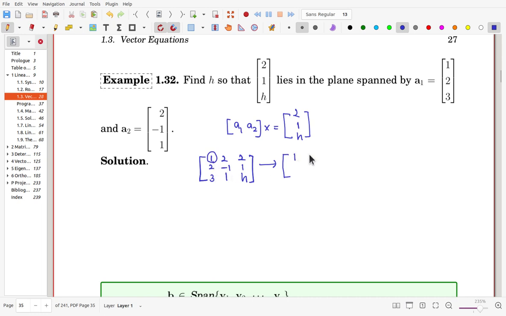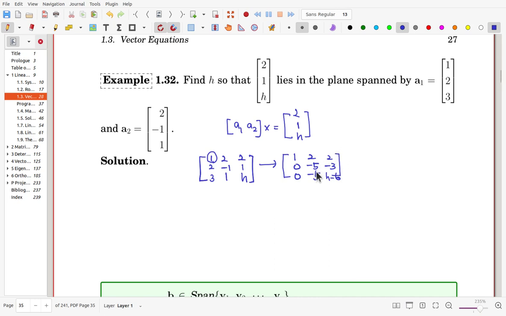So here there is 1, 2, 2; twice subtracted, that is 0, then twice subtracted, minus 5, and that is minus 3. And then 3 times subtracted is 0, then now that is minus 5, since 6 is subtracted. And then here h minus 6.